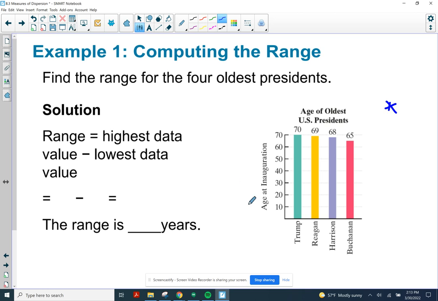Notice it's the age at inauguration here. They labeled the tops of the bars for us, so we don't have to worry about how to read those. The range is going to be the highest, which is 70, minus the lowest, which is 65. So our range is going to be 5 years.